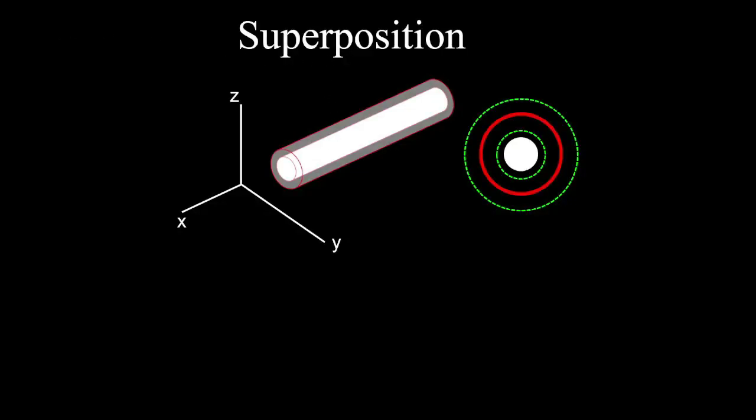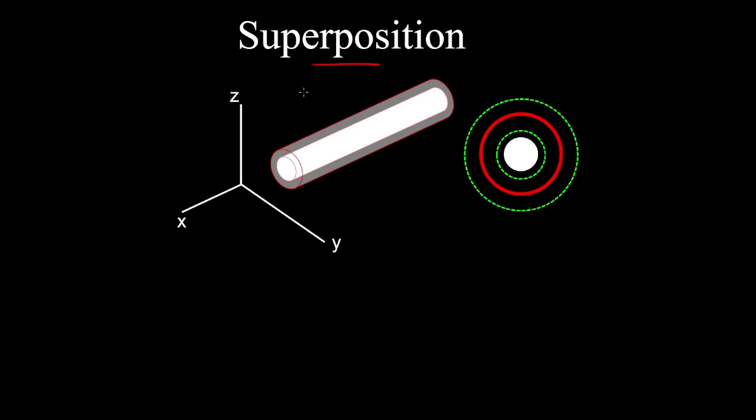We can use the principle of superposition to determine the net magnetic field at a point in space that's created by various combinations of conductors carrying current, or conducting loops, cylinders, and so on.